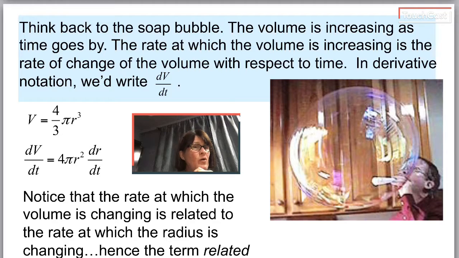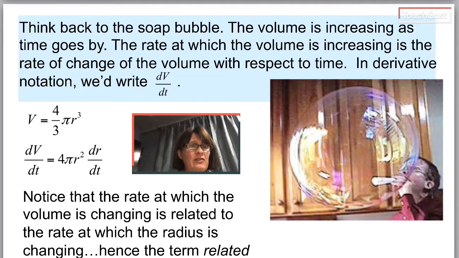If I want to know how fast the volume of that sphere is changing with respect to time, I'm going to take the derivative of both sides of this equation with respect to time. In this case, V already happens to be isolated, so I don't have to do any extra algebra to isolate my dV/dt.